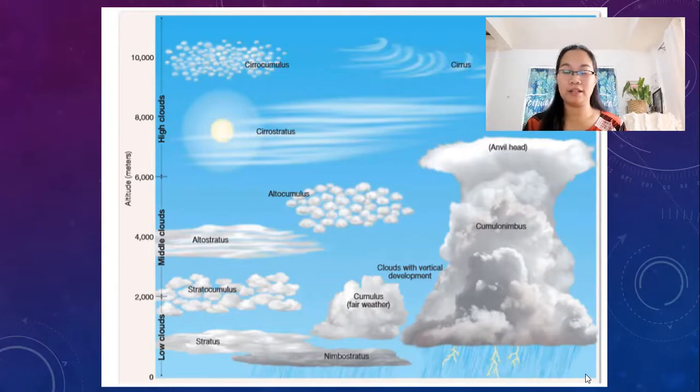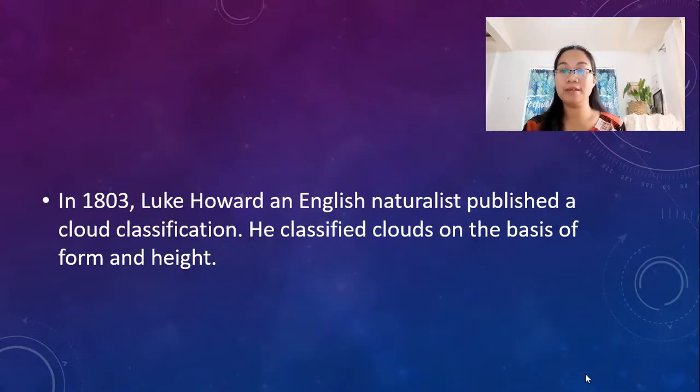For the middle level clouds, we have altocumulus, altostratus, and stratocumulus clouds. We also have vertically developing or vertical towering clouds like cumulus clouds and cumulonimbus clouds. Then we also have the low clouds, the stratus clouds and the nimbostratus clouds.